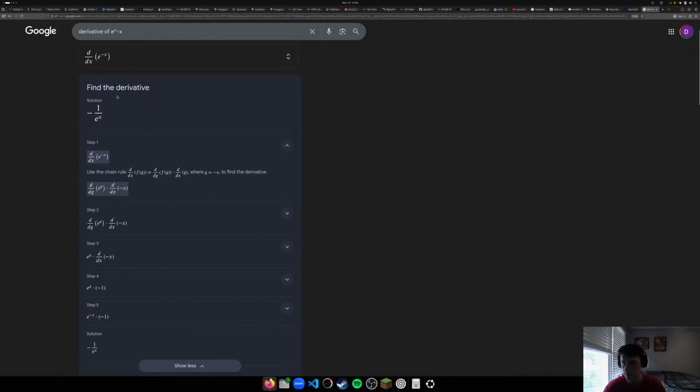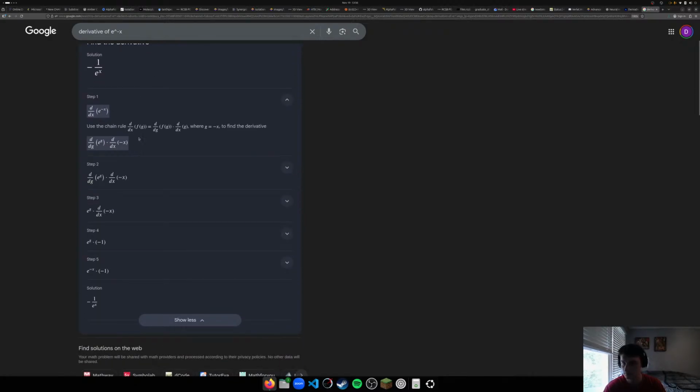So this is the chain rule. So e to the g is e to the g. And so the derivative of negative x would be -1.